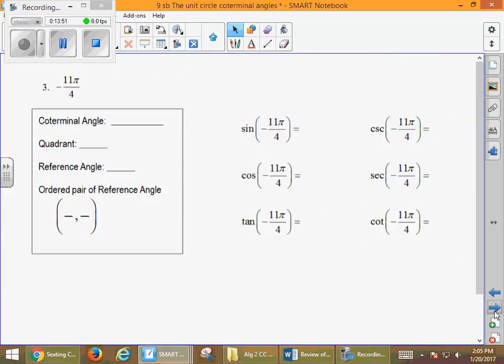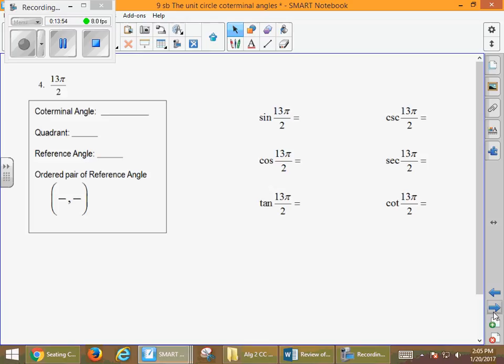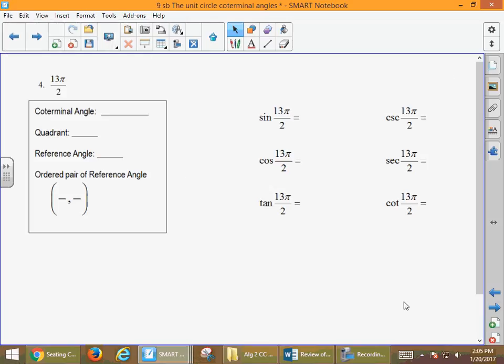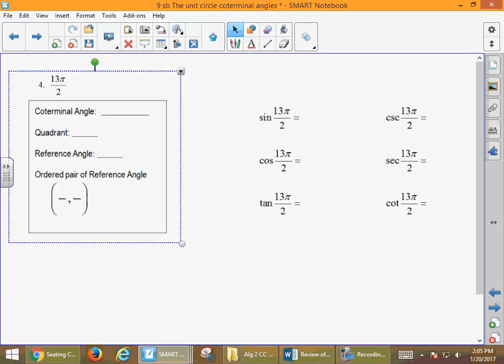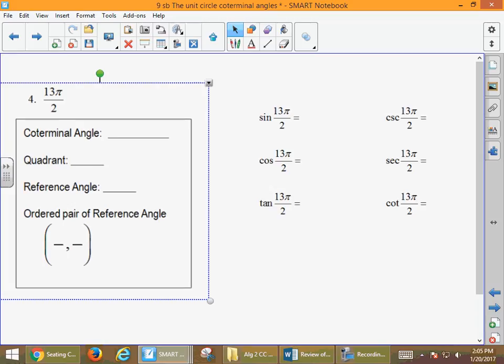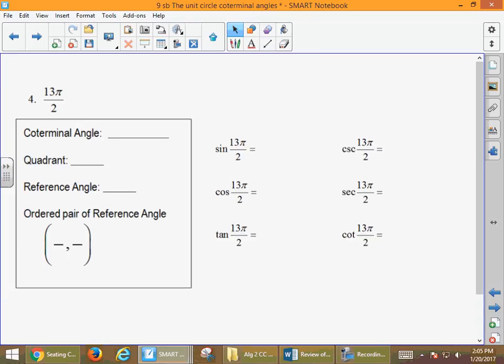So if we flip over our paper here to problem number 4, we've got 13 pi over 2. And your spacing is probably going to be a little bit better than my spacing. But once again, 13 pi over 2, it's not on the unit circle. So all that we have to do is subtract 2 pi, which means that we want to find a common denominator.